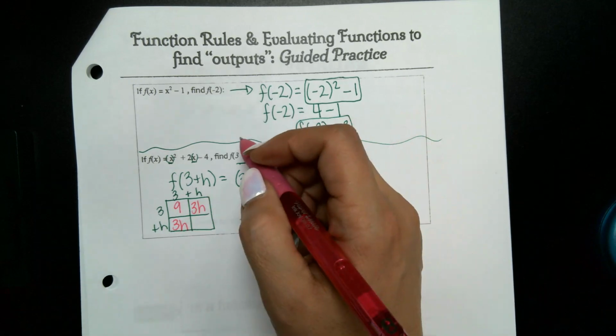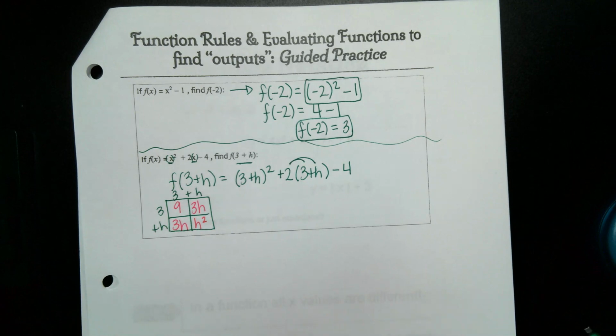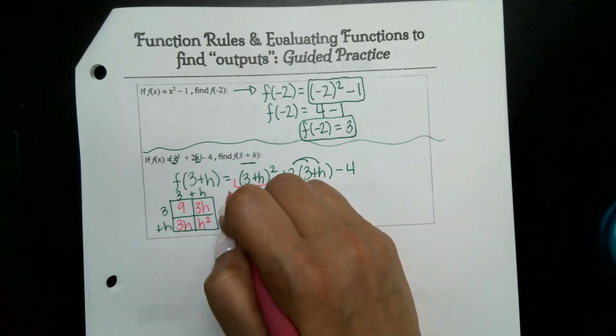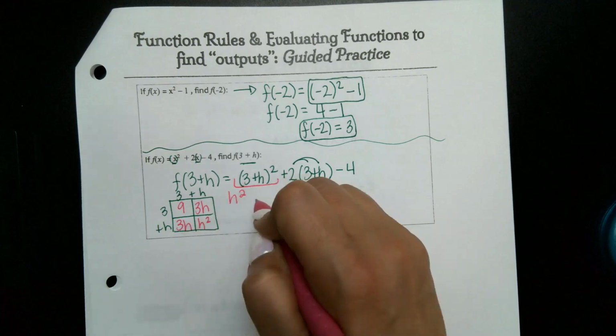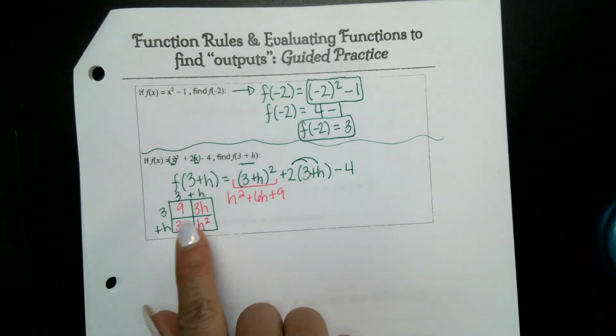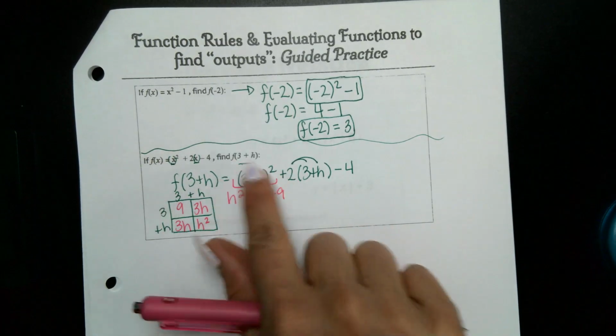And then what's h times h? h squared. You can put a 1 in front if you want. Just make sure you square the h. Okay, so this part is h squared plus 6h plus 9. Is everybody good with that? The h squared, 6h, and 9? That was just the first part.